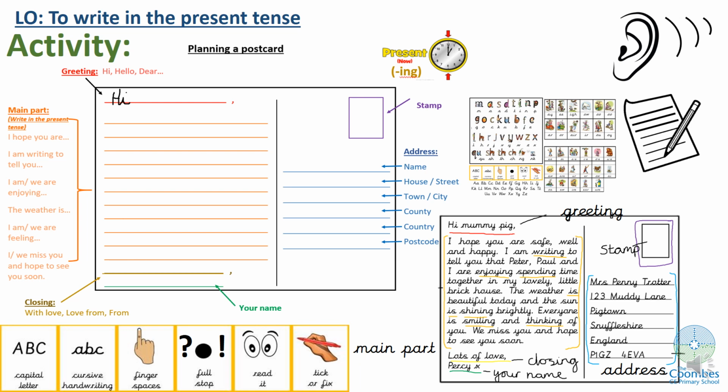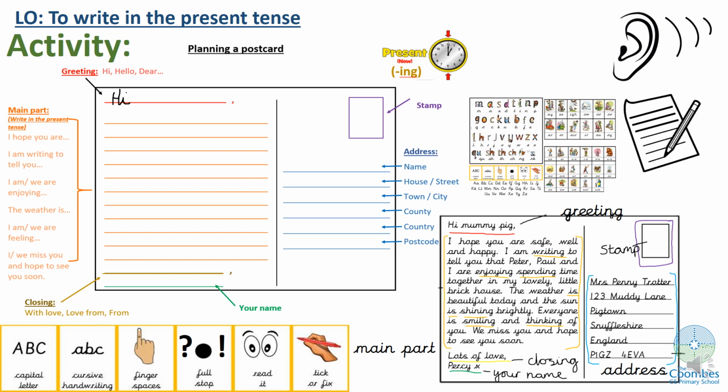And this is when you need to decide who you are writing the postcard to. You can plan it from being one of the pigs, so you can be one of the pigs that is stuck in the brick house, who is hiding from the wolf, or you can write a postcard from your own point of view, because we're in a similar situation to the pigs at the moment. So you can write a postcard from your home talking about what you have done today.